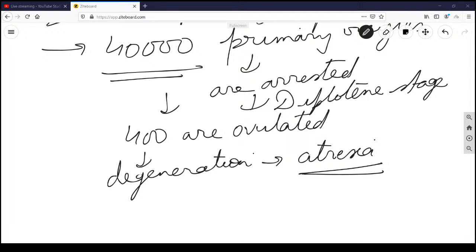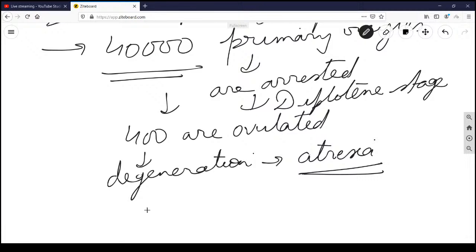When they have degenerated, they are known as atretic. Some studies suggest that adult mammalian ovaries also contain primitive cells that can give rise to new oocytes, but that is contradictory. That is why females attain menopause.